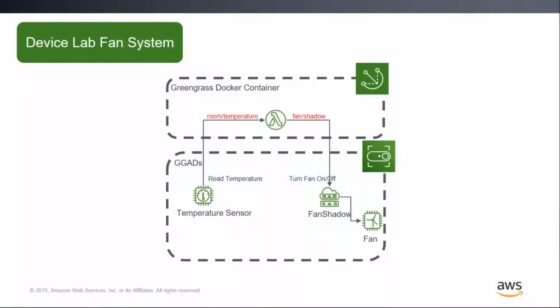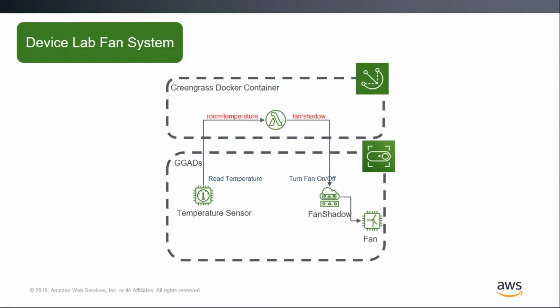So what these devices are doing, so we have a temperature sensor which is reading the temperature, and in real time it just sends the temperature reading to the Lambda function, which is running inside the Greengrass. And as you know, the Greengrass is running inside the Docker container, so it basically is seamless to just run Greengrass on any platform, be it Windows, Mac OS, Linux.